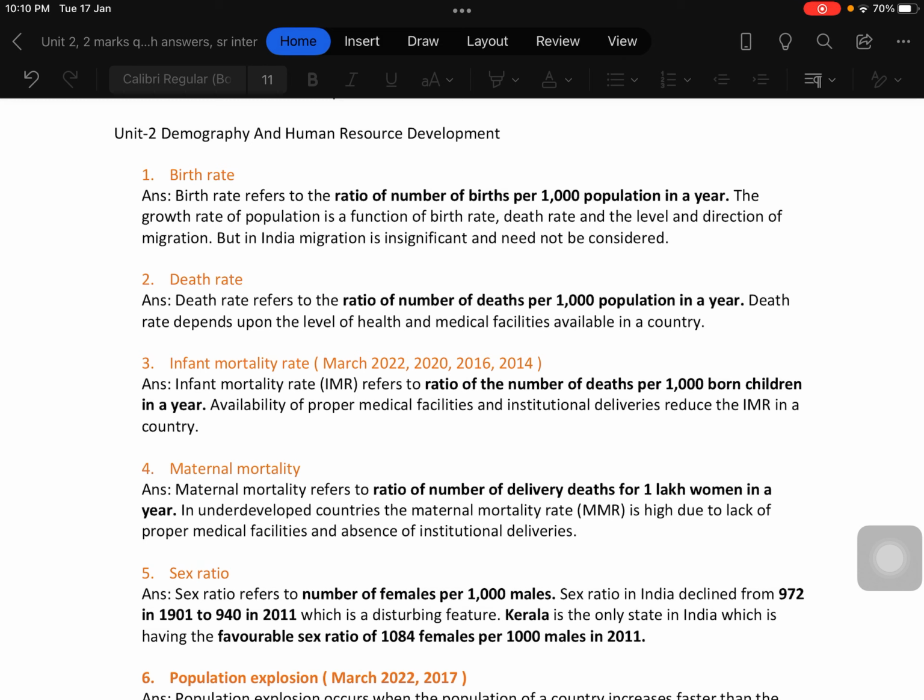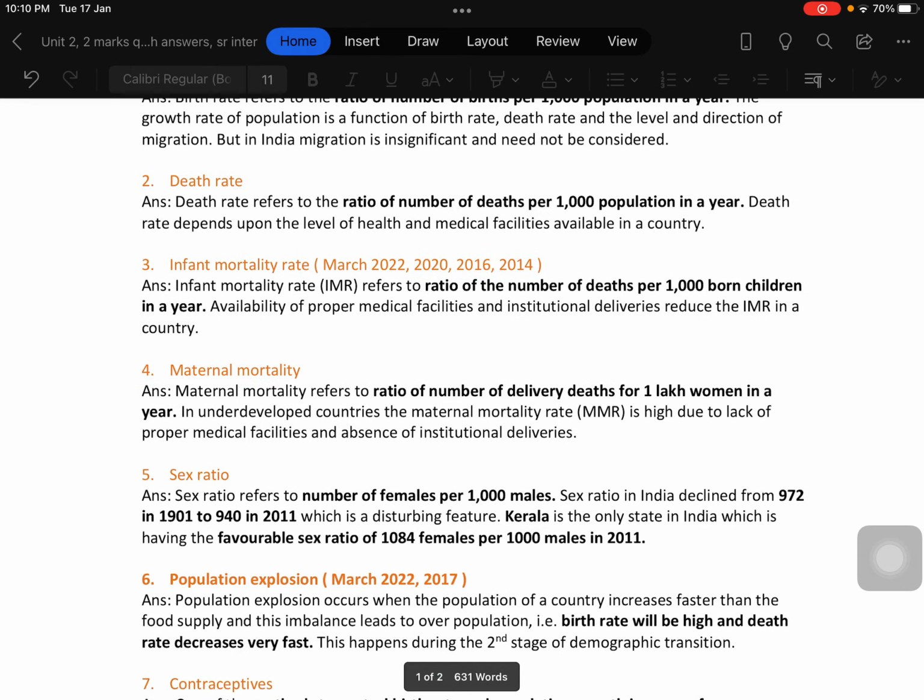In underdeveloped countries, the maternal mortality rate is high due to lack of proper medical facilities and absence of institutional deliveries. Just make a note that all the other data, that is the birth rate, death rate and infant mortality rate, are all calculated out of 1000. But maternal mortality rate is calculated out of 1 lakh women. Please make a note of it.